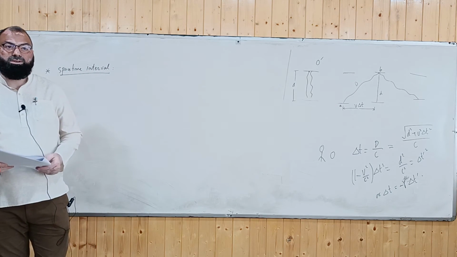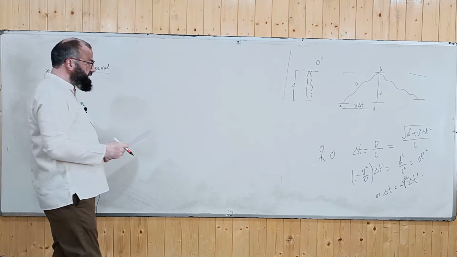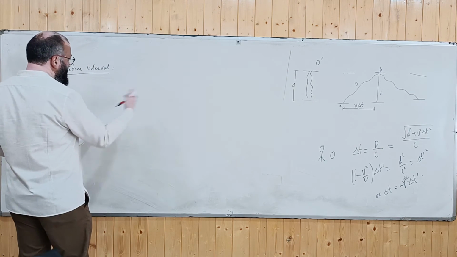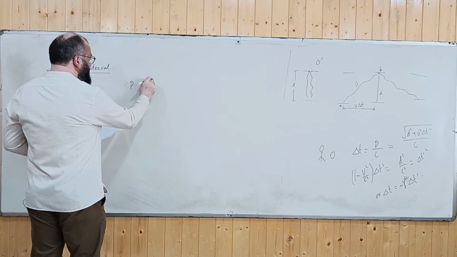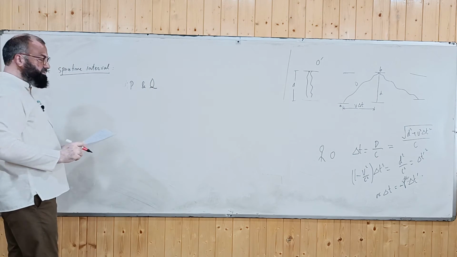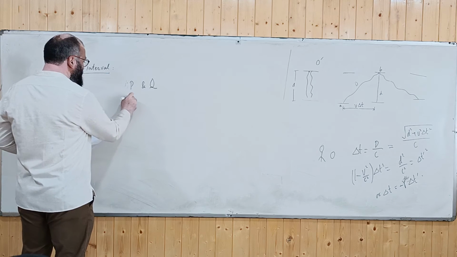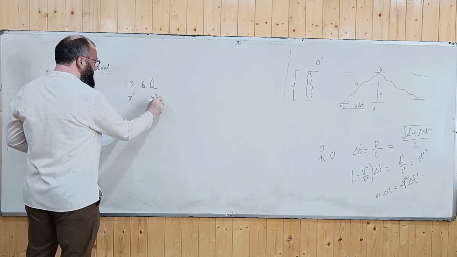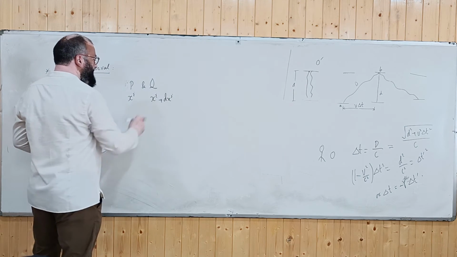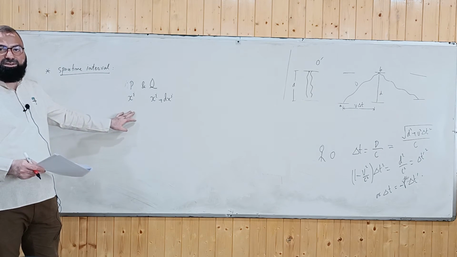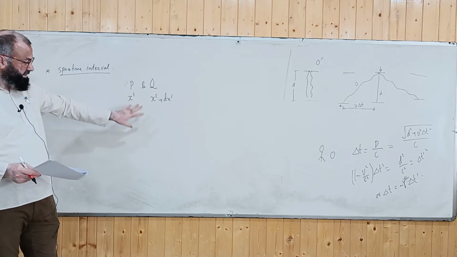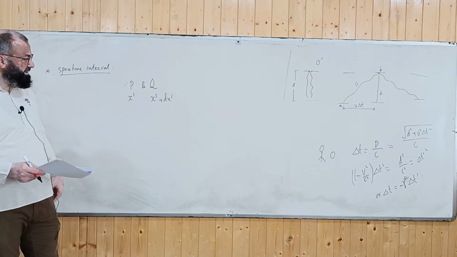Let's think of two events which are infinitesimally close to each other. Let's think of two events P and Q, which are very close to each other. Let's say the coordinate here is xi and this is xi plus dxi. This is simply a label; xi means the ith coordinate. I will do the analysis in detail in the coming lectures.